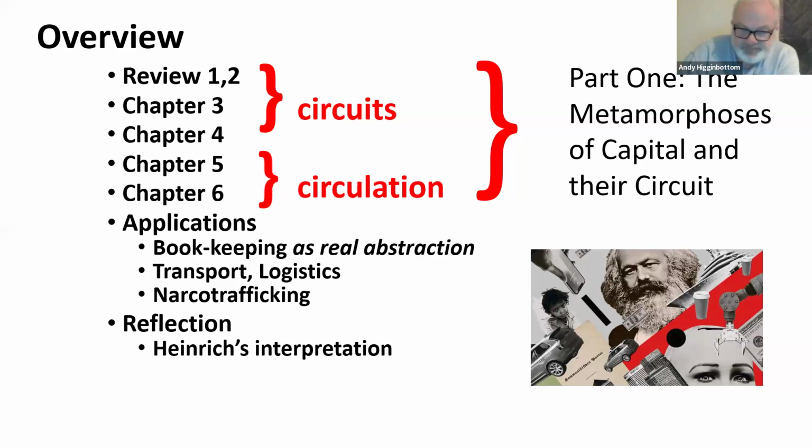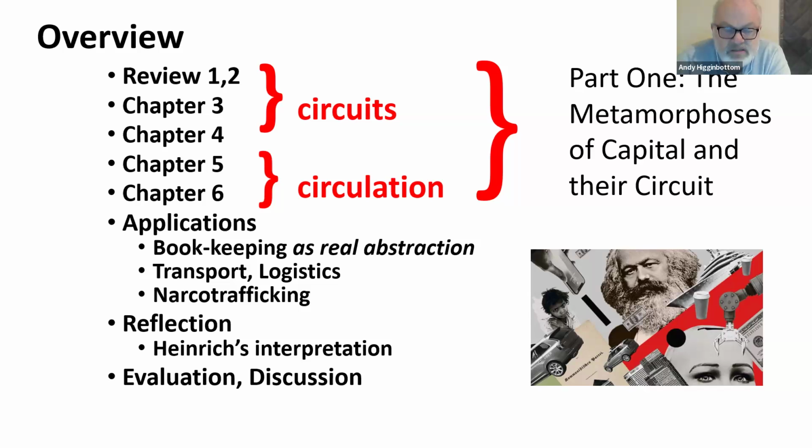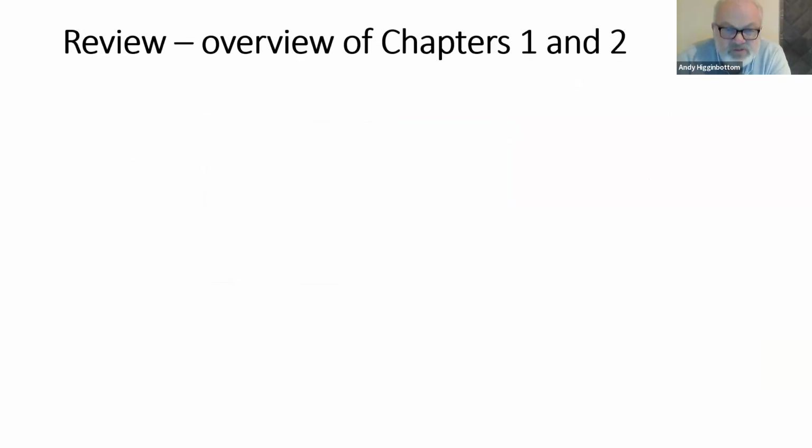But because Marx does use a similar type of analysis here that he used in the first part of Capital Volume 1, it gives us evidence which can affect our views of this debate with Heinrich. So I'll come back to that at the end. And then, of course, we will have time, as Tony already said, for some evaluation of the process and discussion.